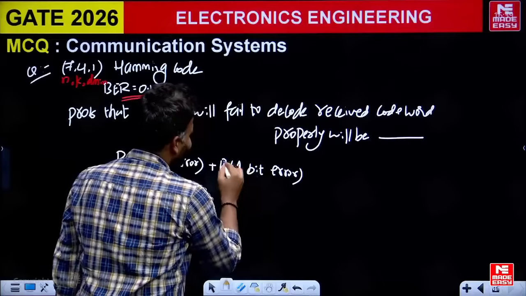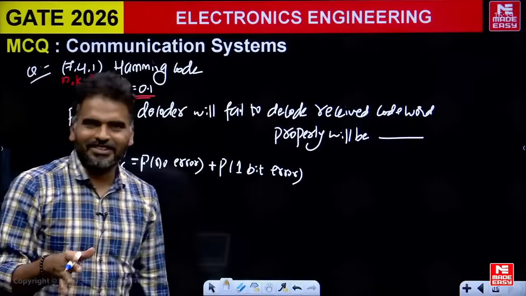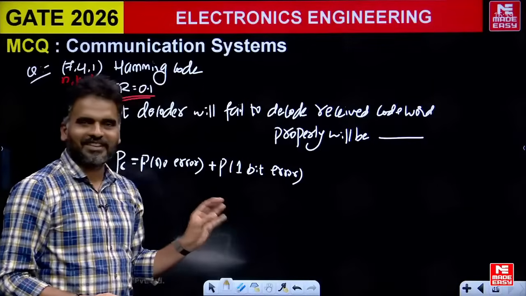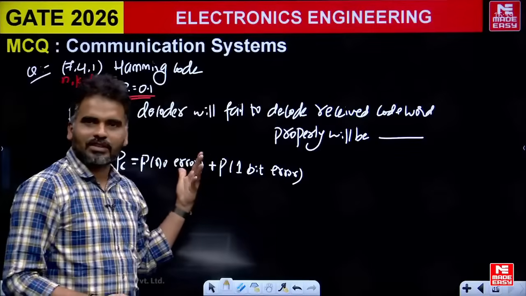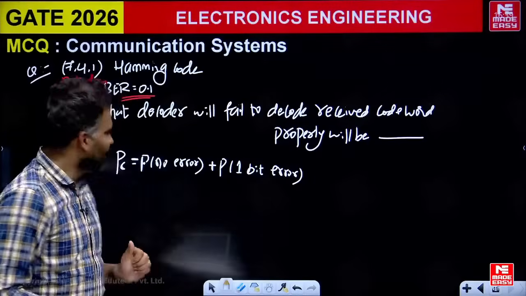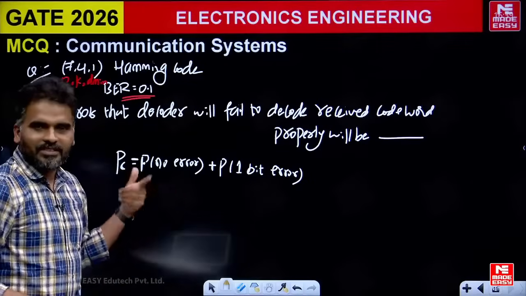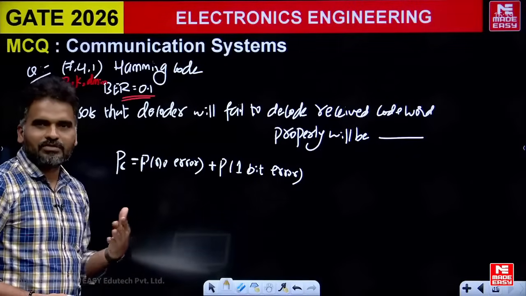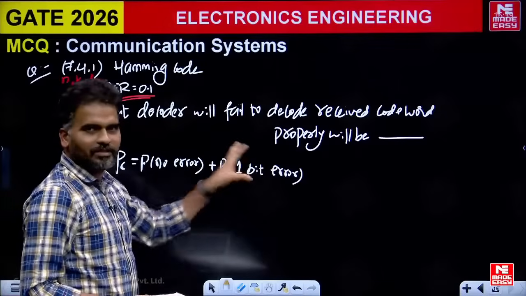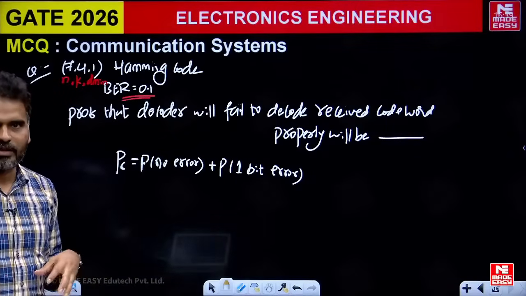Meaning, if there is no error in the received code word, or if there is 1 bit error, then the receiver is able to correct that error and get the original transmitted code word back. So when it is able to decode properly: if there is no error or 1 bit error, the receiver is able to decode the received code word properly.